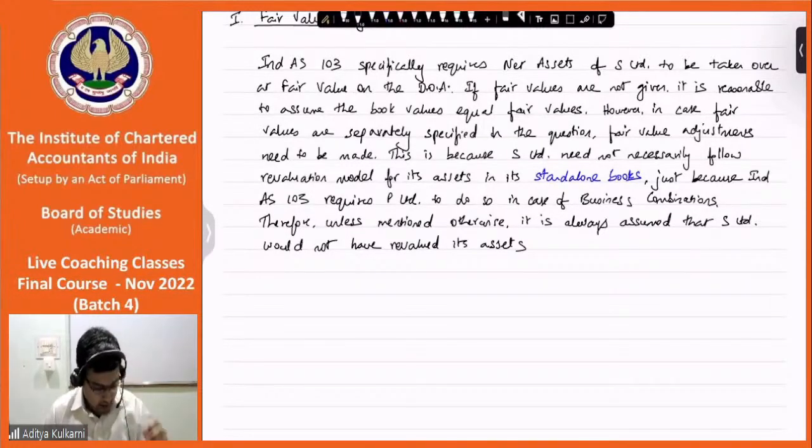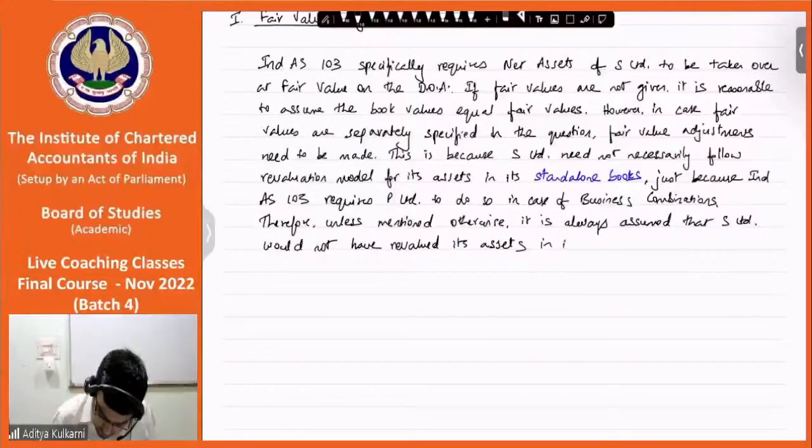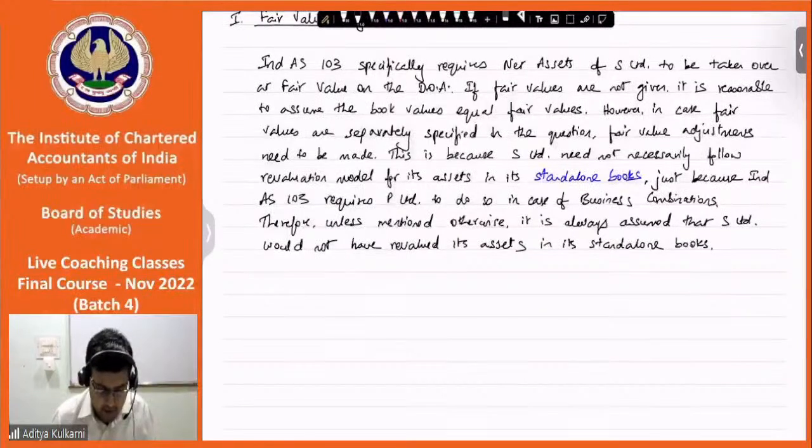Therefore, unless mentioned otherwise, it is always assumed that S Limited would not have revalued its assets in its standalone books. In its standalone books.